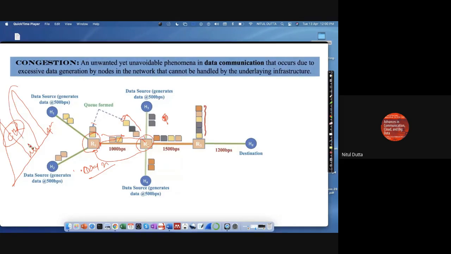Since data generation in a network follows this kind of distribution, there is no prediction of where this peak will come, where this will fall. That's why it cannot be predicted, cannot be done in advance, and cannot be eliminated totally.